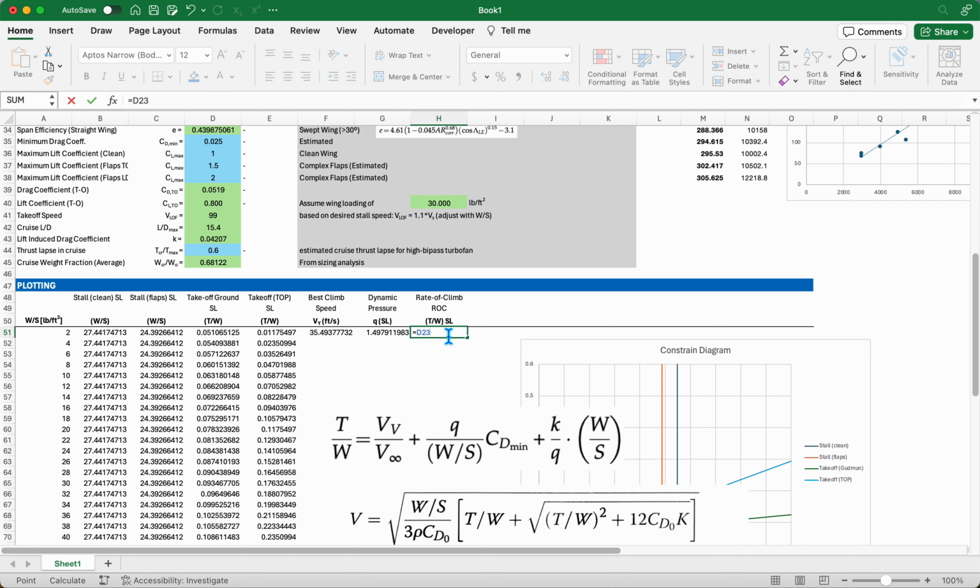So this number divided by 60, divided by our best rate of climb airspeed, which is over here. That's our aircraft forward airspeed, plus our dynamic pressure divided by our wing loading times our minimum drag, CD min, plus our span efficiency, or sorry, our induced drag coefficient divided by our dynamic pressure times our wing loading again.